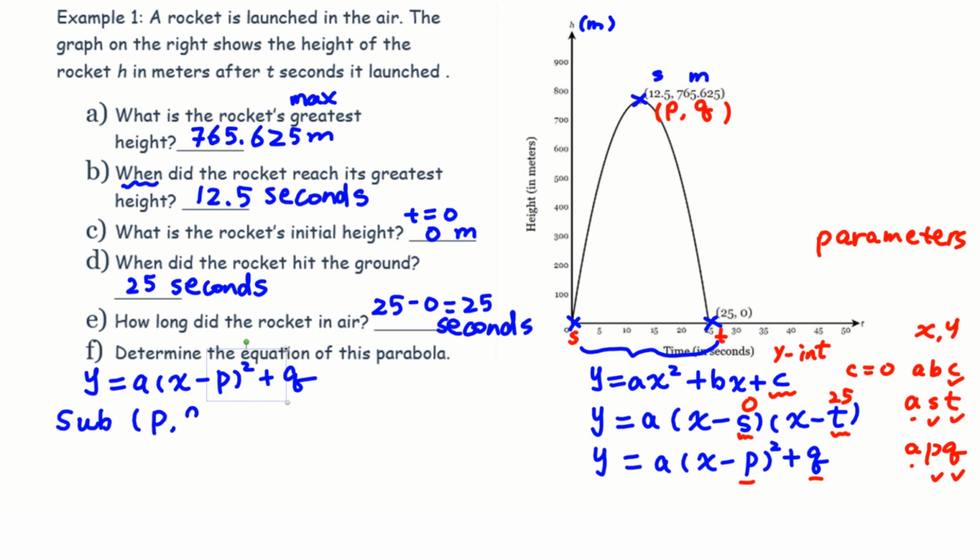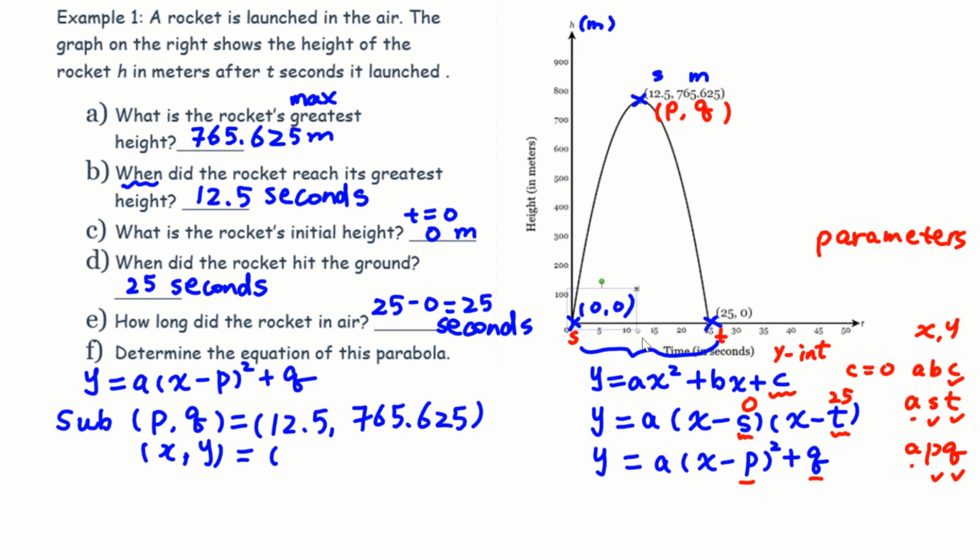The first are p and q, so we have 12.5 and 765.625. Also, we could pick one of the points from the graph, but not the vertex. We could use 0, 0, or 25, 0 as your x, y.